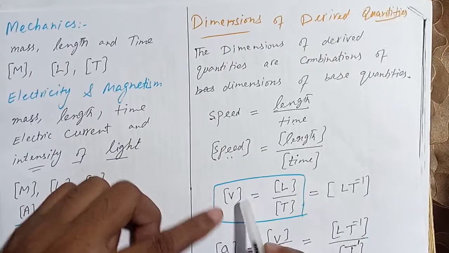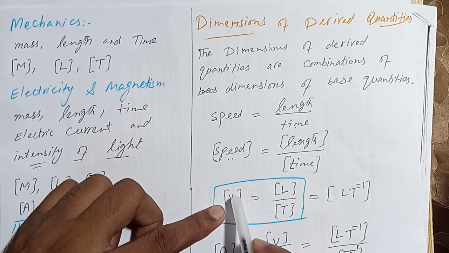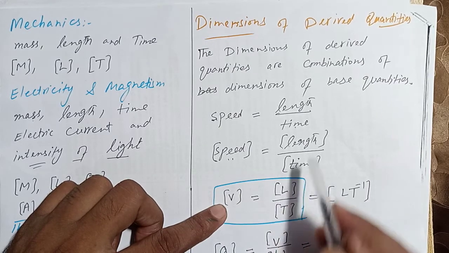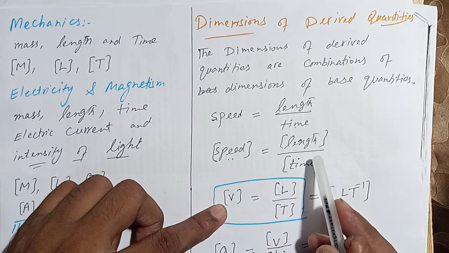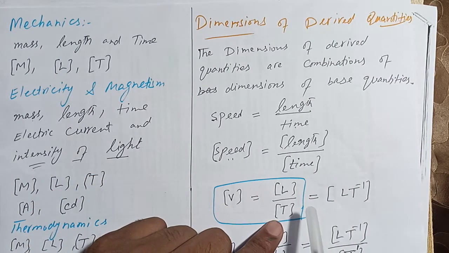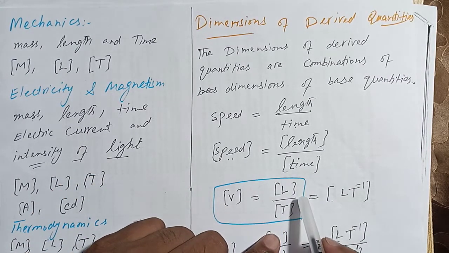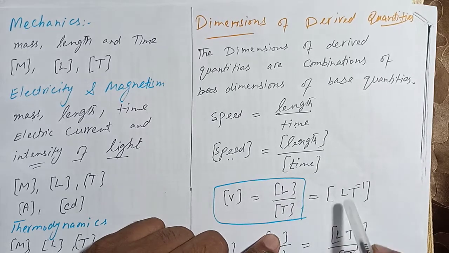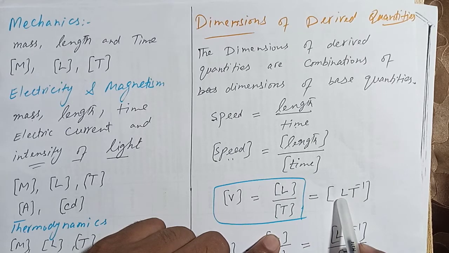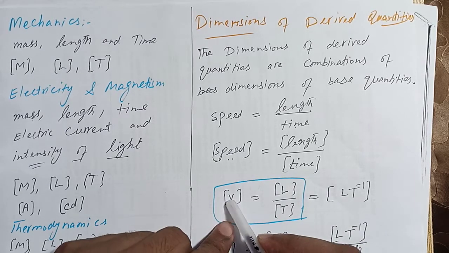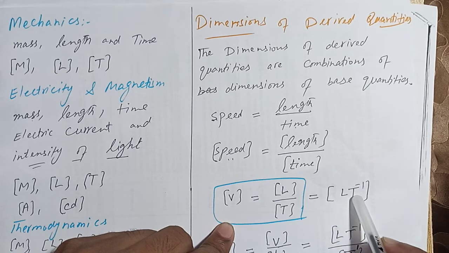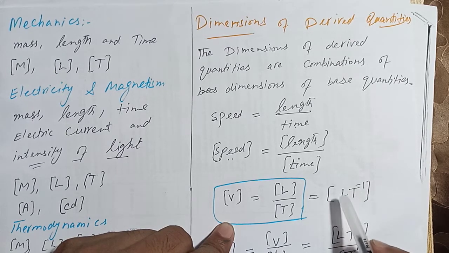The symbol of speed is written as v, and the dimension of speed is equal to the dimension of length, capital L, over the dimension of time, capital T. And finally, we write the answer in one square bracket. So this expression can be written as the dimension of speed is equal to LT inverse, the dimensions of length and time. We read it as LT inverse.